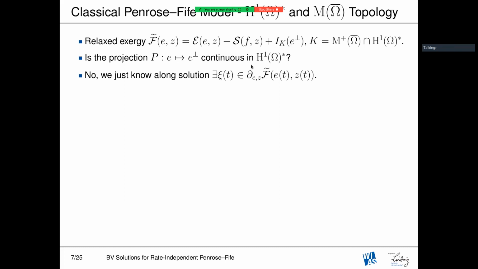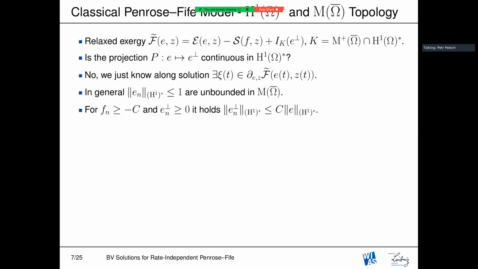We just know that along the solution, of course, at almost every time, the Fréchet subdifferential is non-empty, and there is some subderivative lying in it, but that's all we know a priori. The problem is that in general, the unit ball of functionals in H1 star is not bounded in measures.